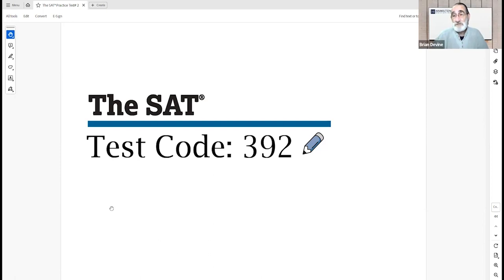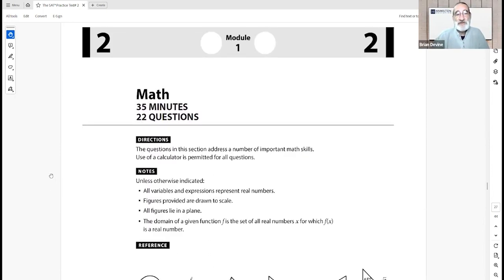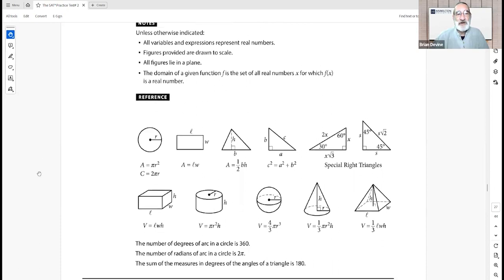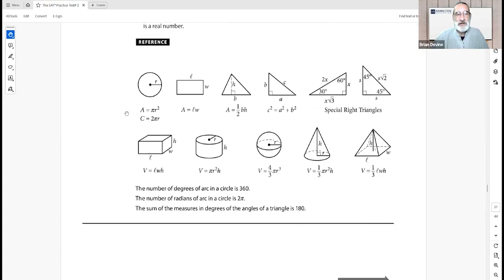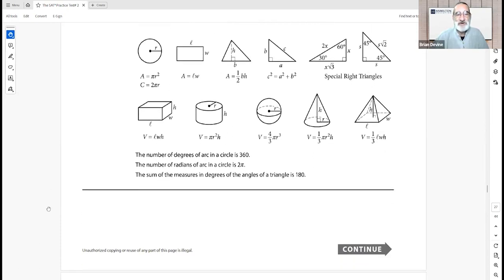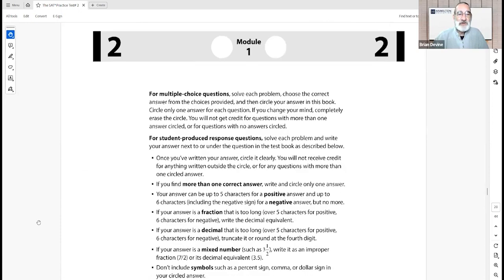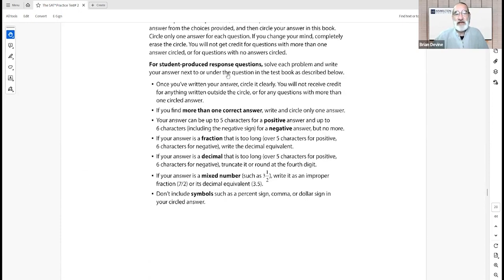Let's get to it. All right, so here we are on the Math section, Module 1. Section 2 is Modules 1 and 2, so there's two sections. 22 questions, 35 minutes. You should know these instructions ahead of time. Know that you do have the geometry and trigonometry reference right here, and how to enter your answers.